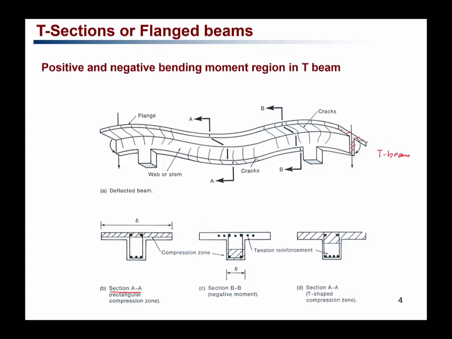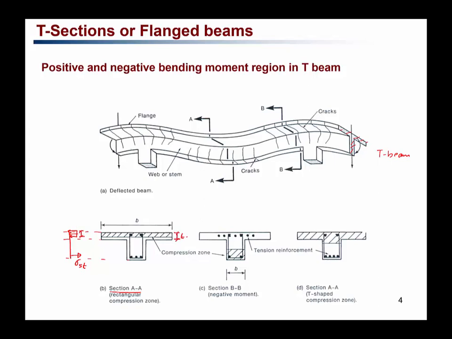Now, looking at the section AA, if we draw the stress profile, it can be that the equivalent stress block might be within the depth of the slab, and this is the steel stress, and this is the equivalent stress block, and you can see that the depth of the stress block is within the depth of the slab itself.